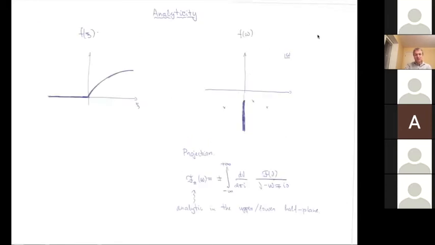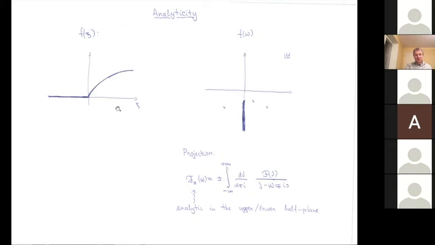The analytic considerations here arise for the same reason as the relationship between analyticity and causality in physics.